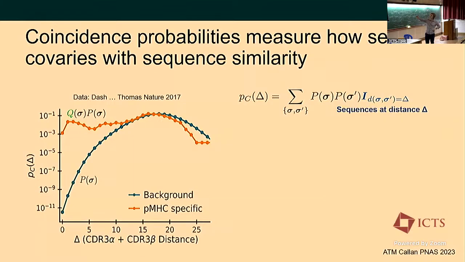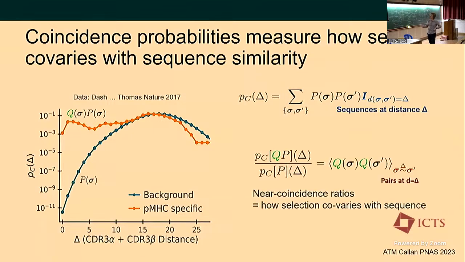The other thing that's interesting is that this enrichment extends to higher sequence distances. So if you take a pair of sequences, you're also more likely to have these clusters of quite similar sequences, again much more likely than in the background.